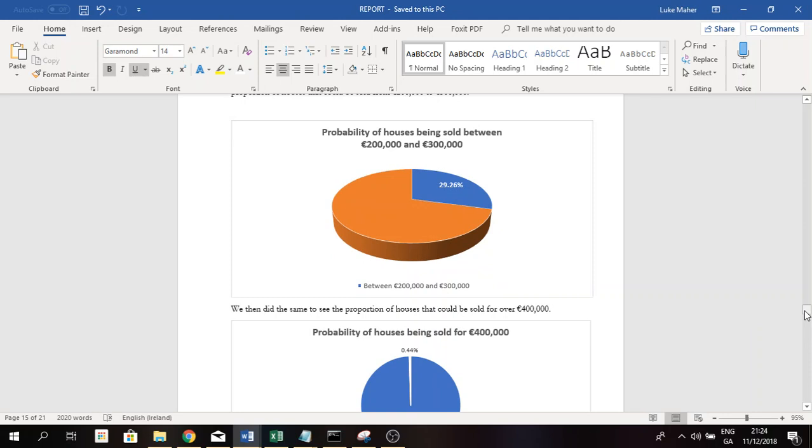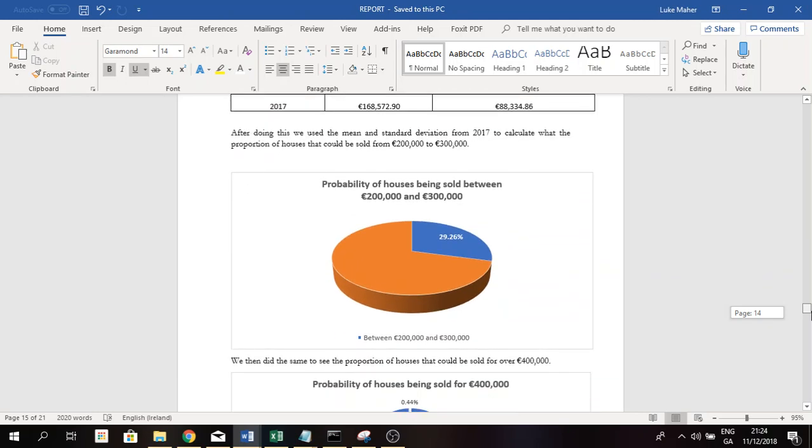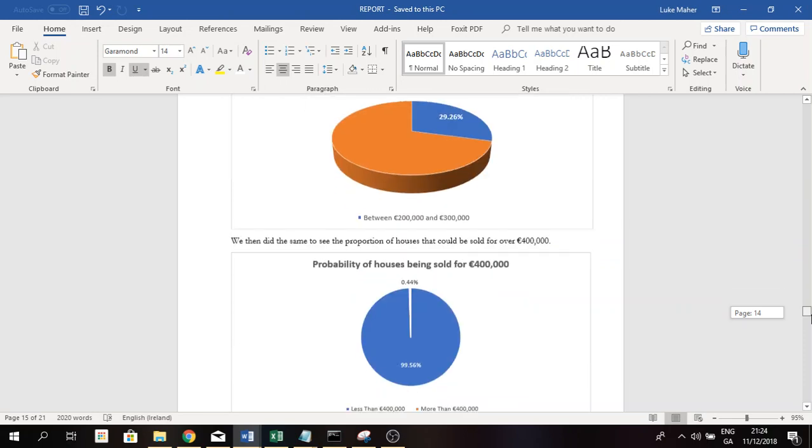Then we took the smallest probability away from the biggest one, and we got what was in between, which is we found there was a 29.26% chance, using the 2017 average and standard deviation, that a house would be sold between 200 and 300 grand.